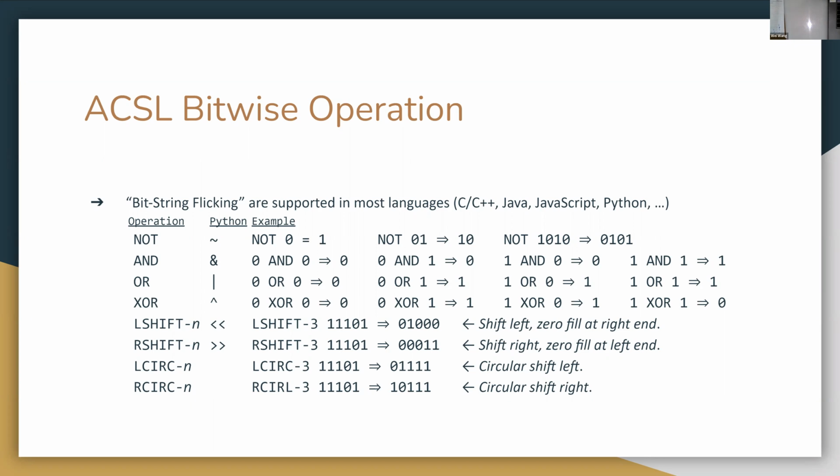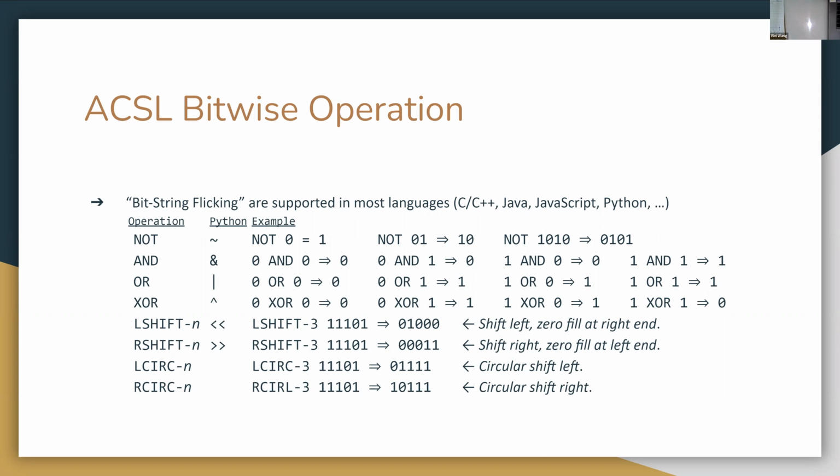right? And so this is just ACSL, right? No other real languages do that, because you're always going to deal with a certain size integer, right? Let's say if in C you're dealing with a 32-bit integer, there's no actual circular operator in C. But if you write a function to do that, then you're going to deal with 32 bits.